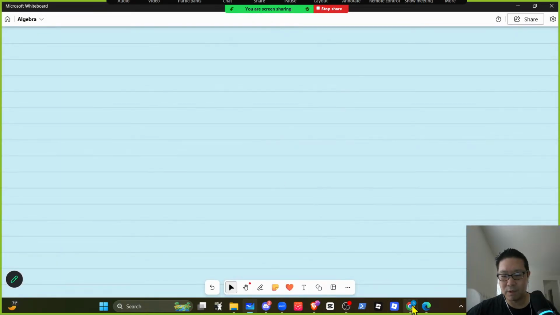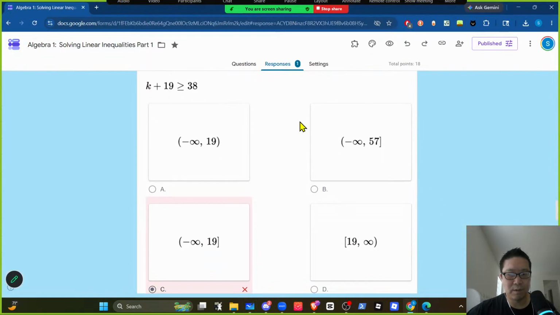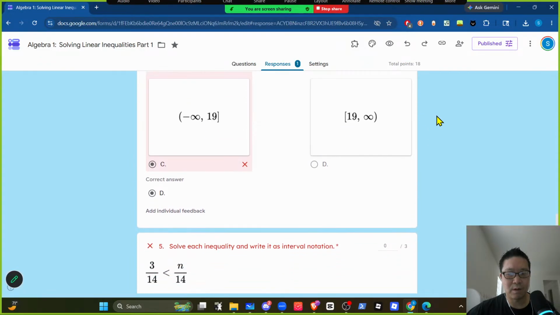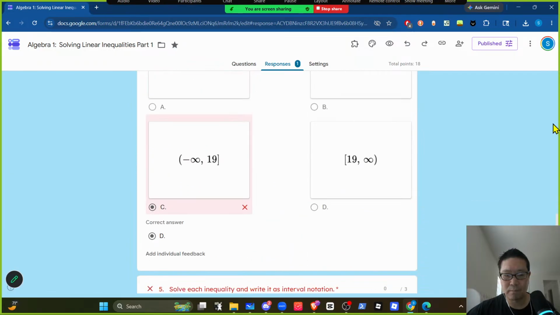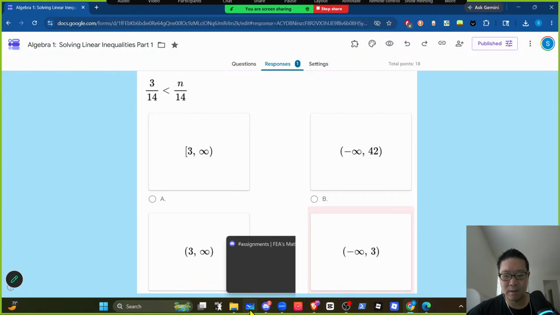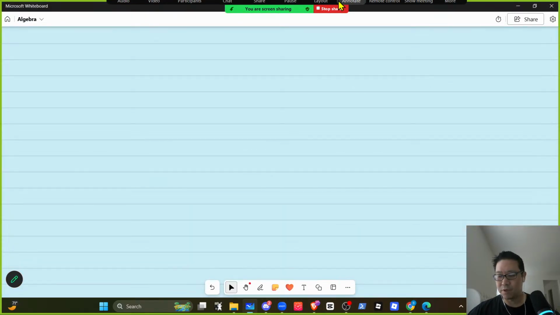And what was the other one? I think the other one was similar. Yeah, this one. 3 over 14 is less than n over 14.